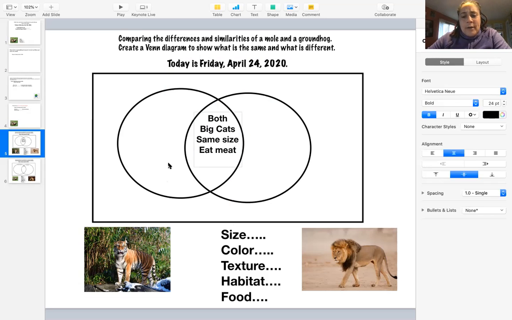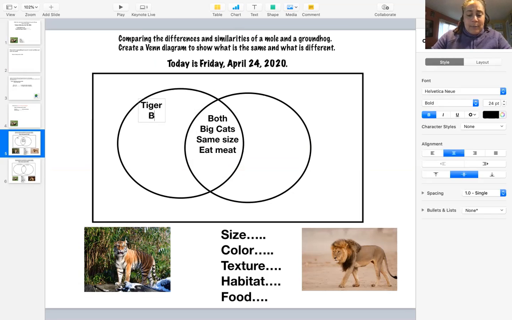Now, when we want to look at what attributes are only for the tiger, things that don't account for the lion, what's one of the very first things that we can see if we're looking at the color? Yeah, a tiger has long black stripes. So right over here, we're going to write tiger, because it's only the tiger that we're talking about.